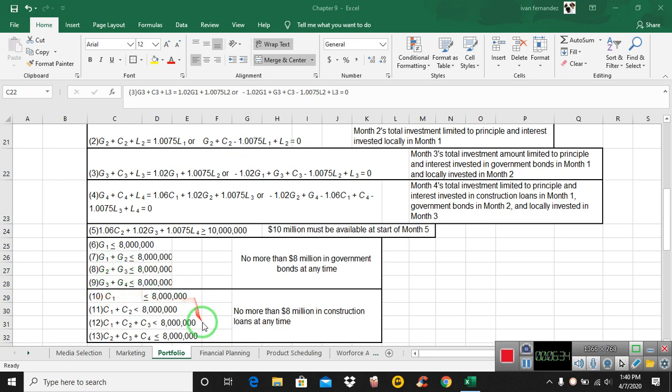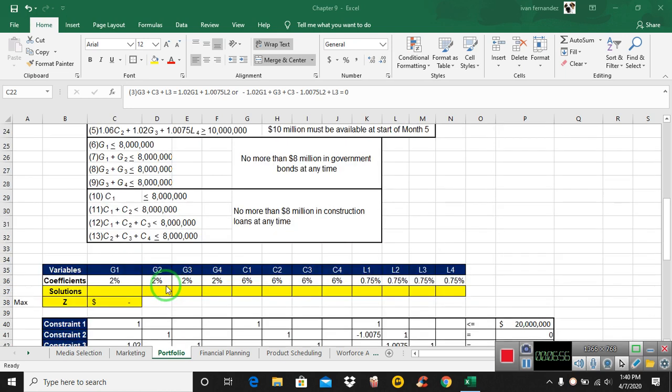And then the same thing down here for the construction loans, but these are 3 years, not 2 years. So that's why you have to think that what you invest in construction loans in the first month is going to stick around until the third month, but they'll be wiped out on the fourth month because they won't be available anymore.